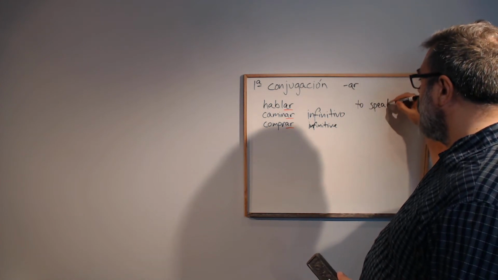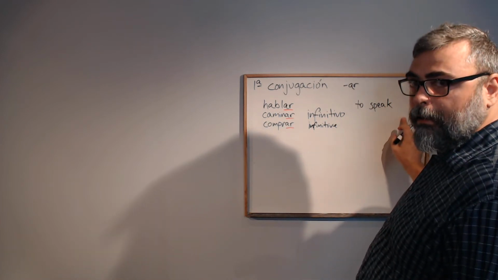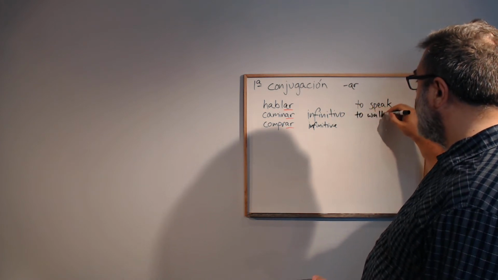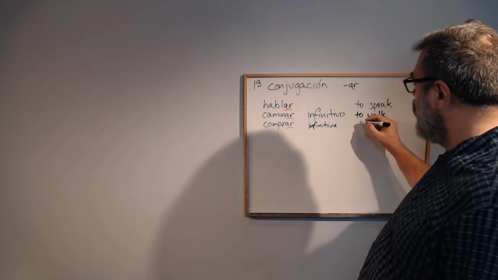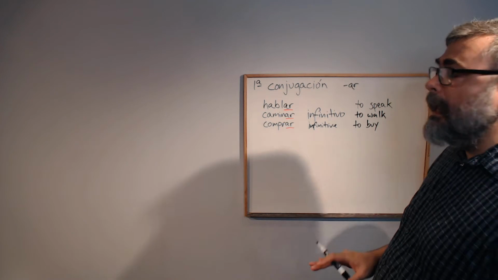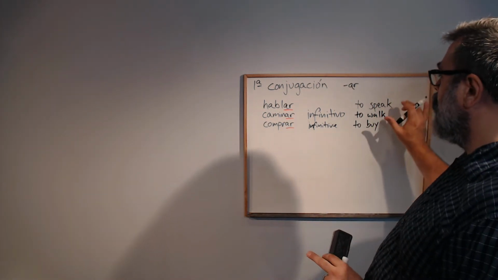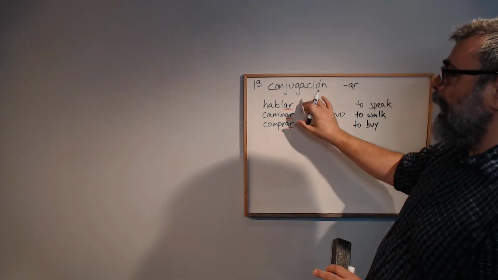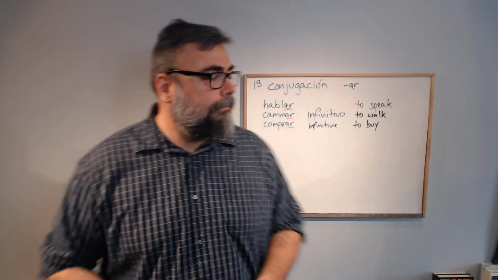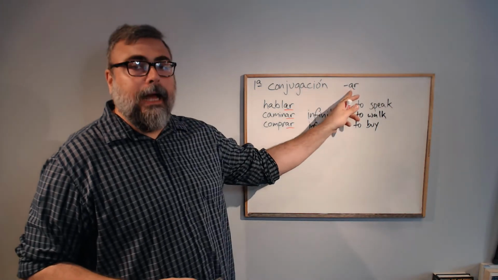Not just speak, not he speaks, which is conjugated, but to speak. To walk is caminar, and comprar is to buy. Okay, so these are the unconjugated forms of the verb. To speak is unconjugated, hablar is unconjugated. Esa es la primera conjugación, AR.